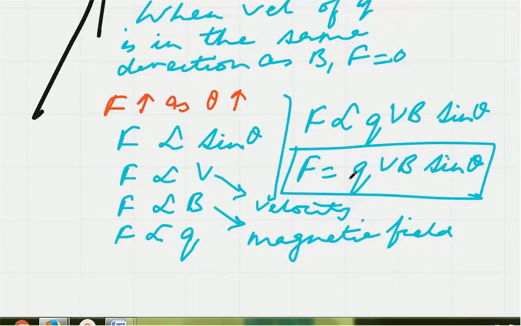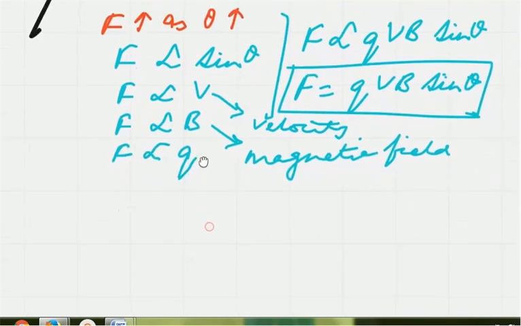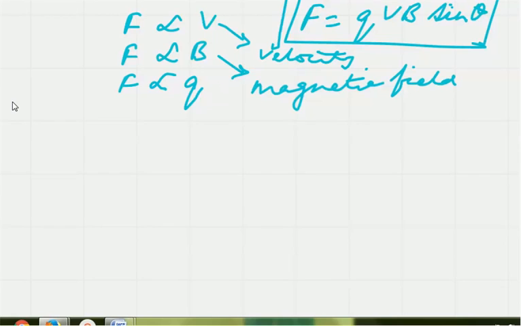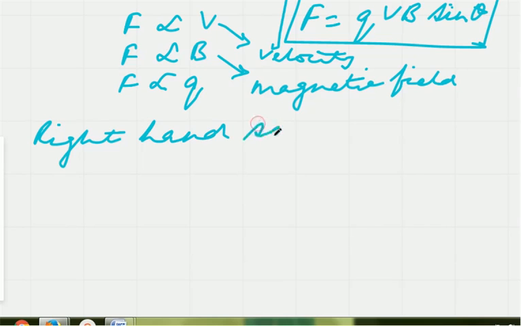Now, how do you obtain the direction of the force? The direction of the force is obtained from the right hand screw rule. What is the right hand screw rule?